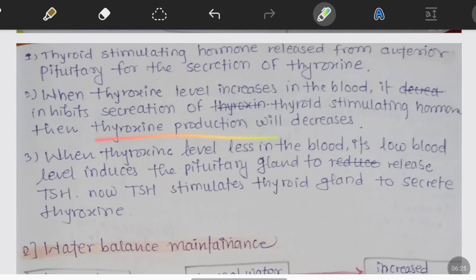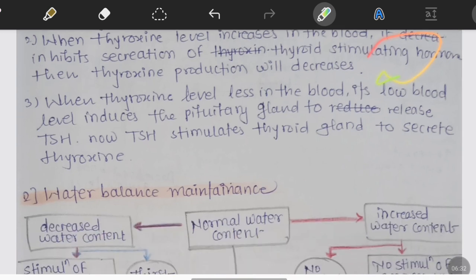Then thyroxine production will decrease. How is it negative feedback? When thyroxine level is low in the blood, its low blood level induces the pituitary gland to release TSH. Now TSH stimulates the thyroid gland to secrete thyroxine.